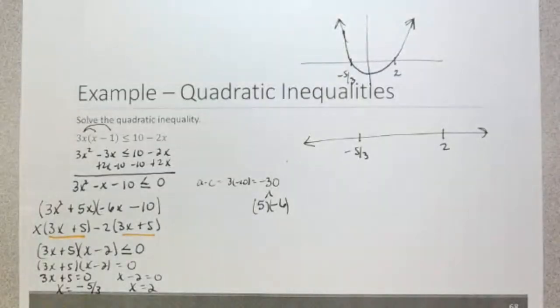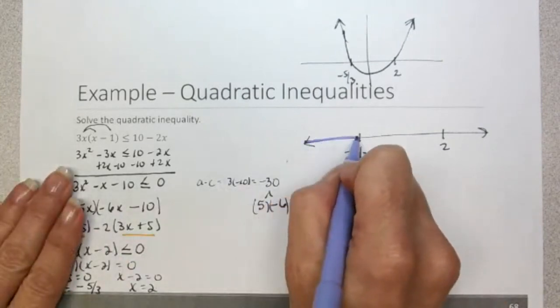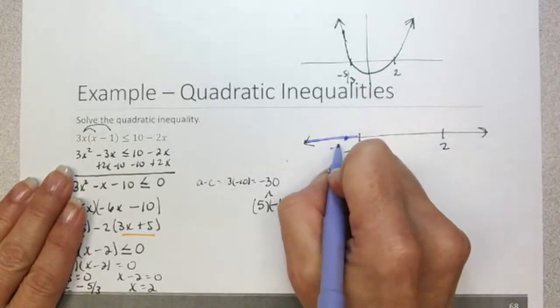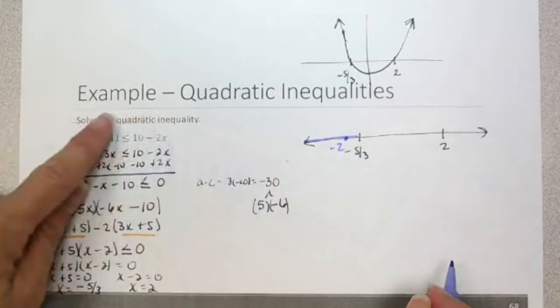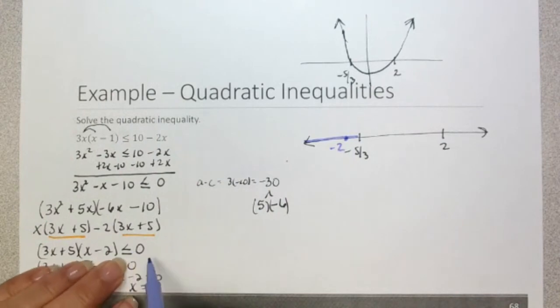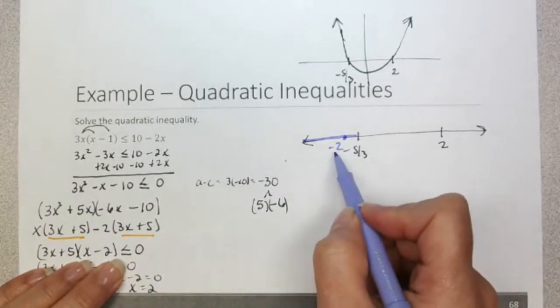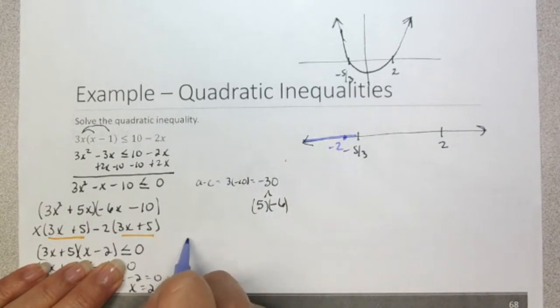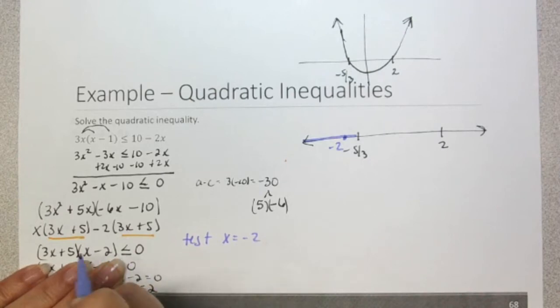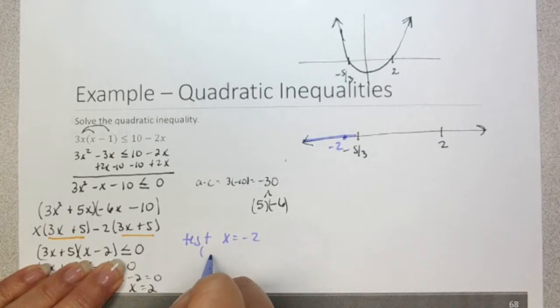Now I want to pick test values and see if they satisfy the inequality. Maybe we'll do the first interval here. A test value, maybe we'll use negative 2. I want to use this factored version of the inequality because it's easier for me to deal with. So if I'm testing x equals negative 2, 3 times negative 2 is negative 6 plus 5.